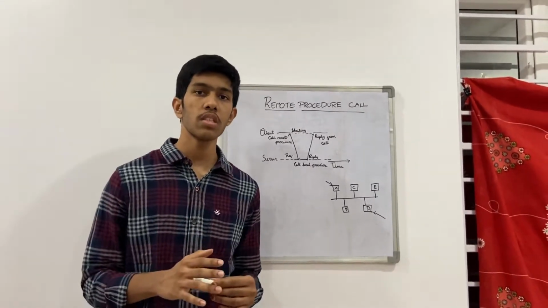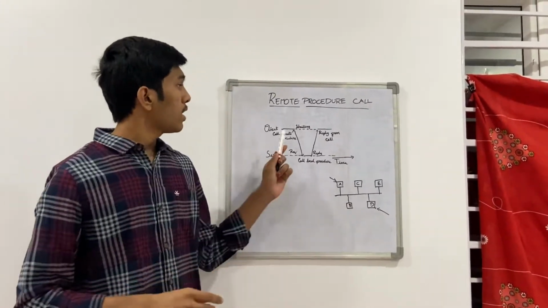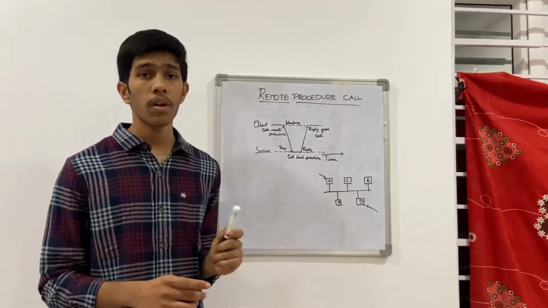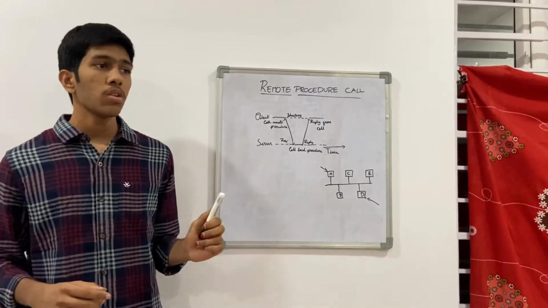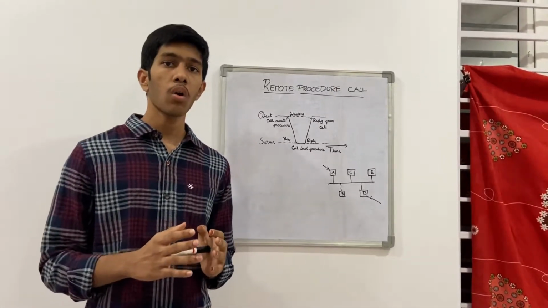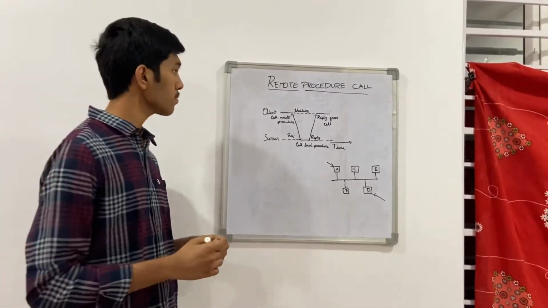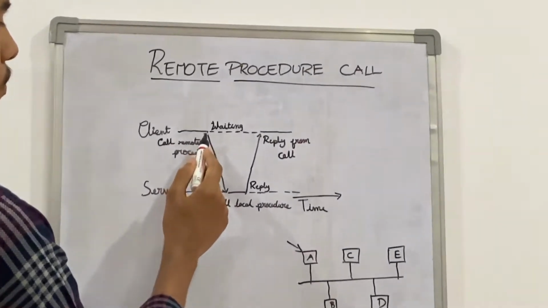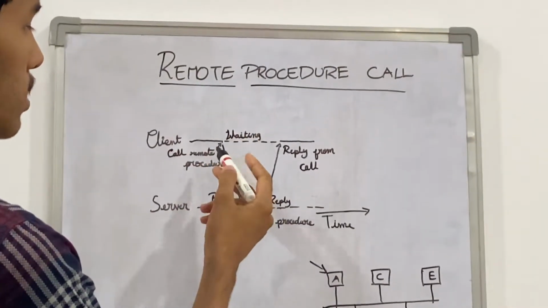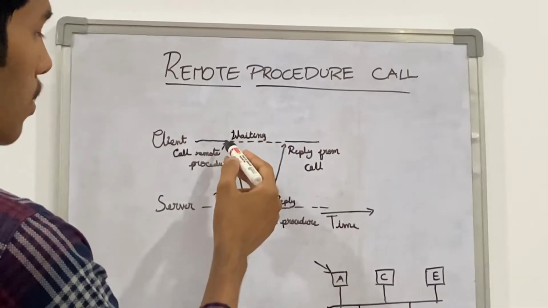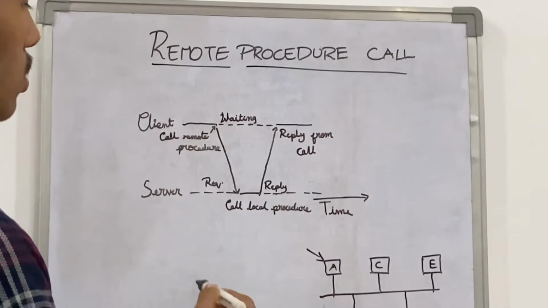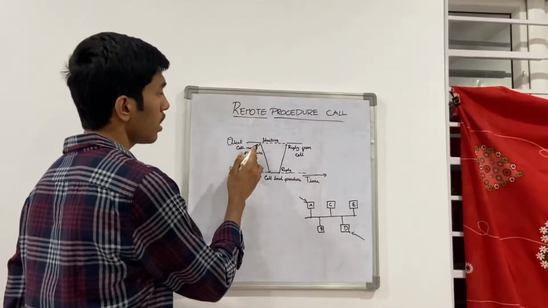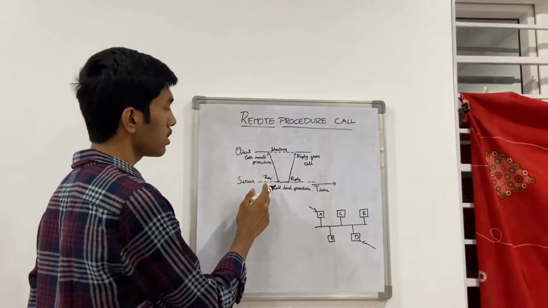Here synchronous means the client suspends its execution until it receives a response from the server. You can get a basic idea of how this works from this diagram. The client is executing its program, and if it makes a remote procedure call, it sends a request to the remote server.